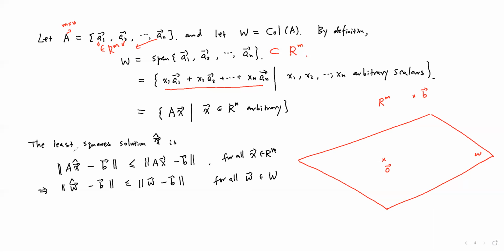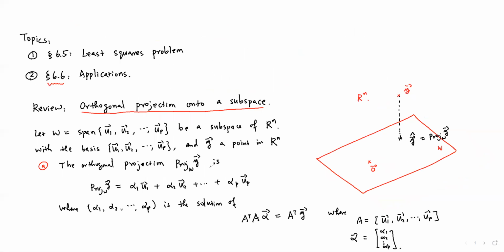Now, the least squares problem is actually to find a point in W that has the smallest distance to the point B. W hat minus B distance is less than or equal to the distance from any point W in the space W to B. Actually, this solution is in the review: orthogonal projection.